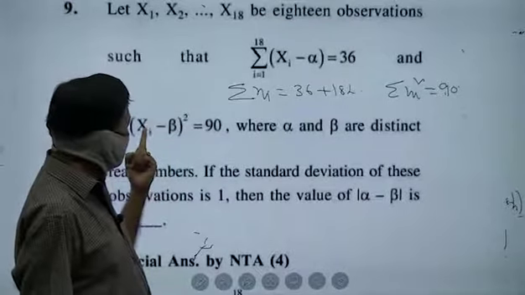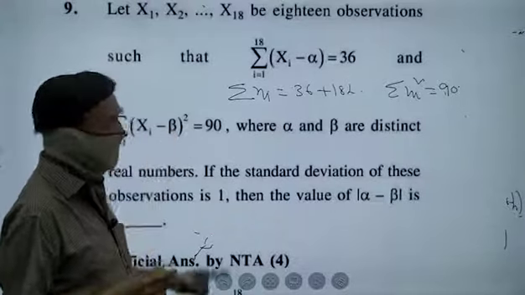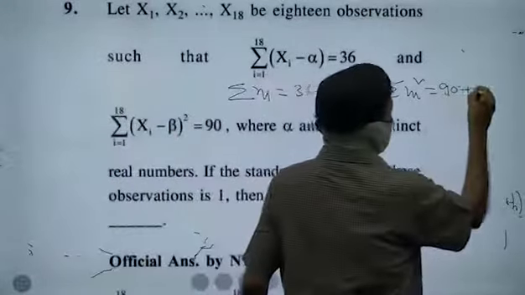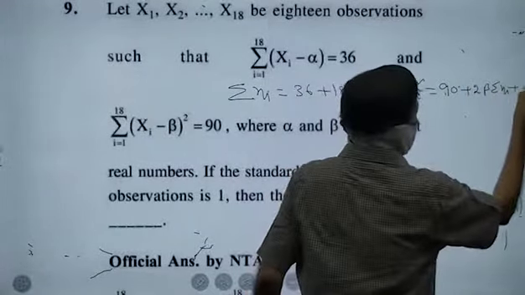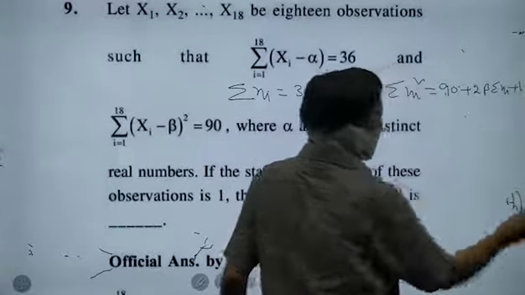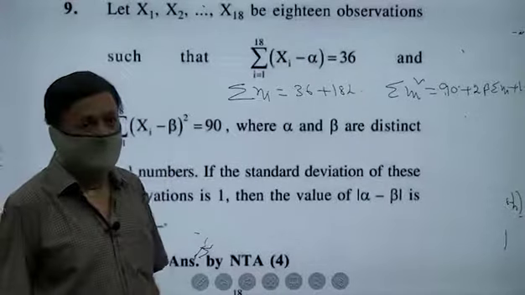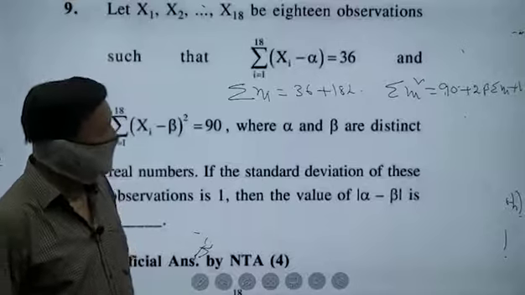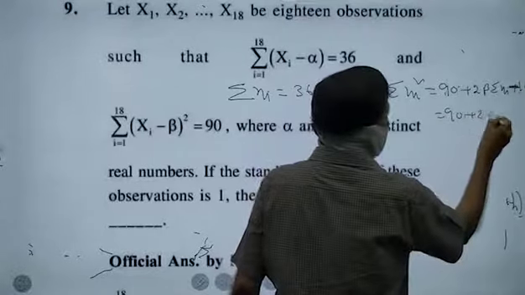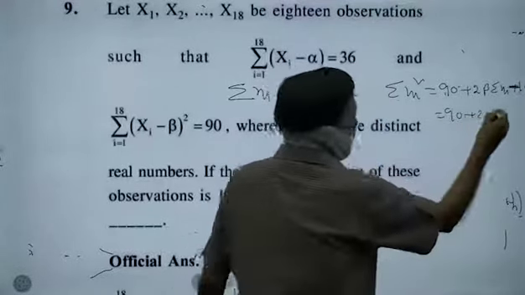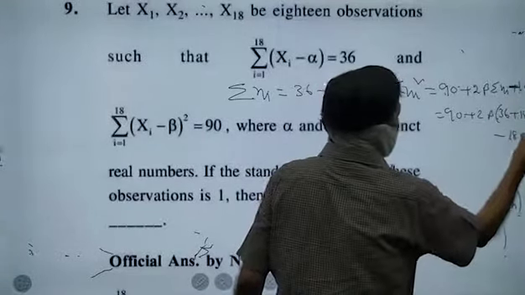Sigma (xi plus beta) square is sigma xi square plus 2 beta sigma xi plus 18 beta square. The plus outside, minus 18. This is 90 plus 2 beta times the sigma xi value, substitute: 36 plus 18 alpha, minus 18 beta square.